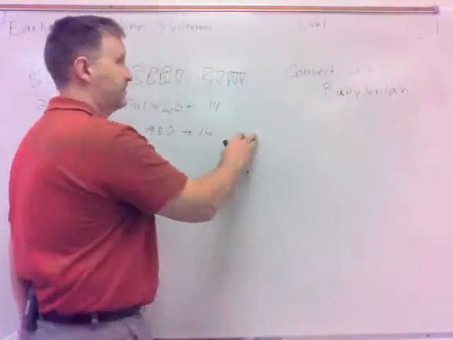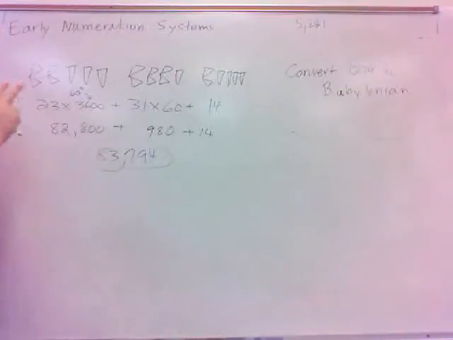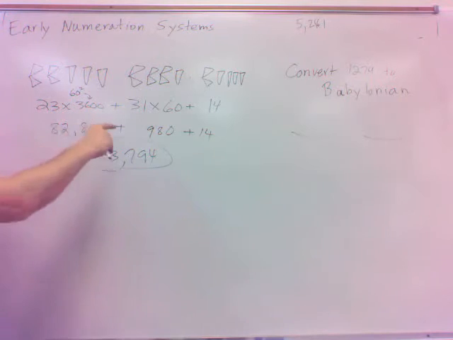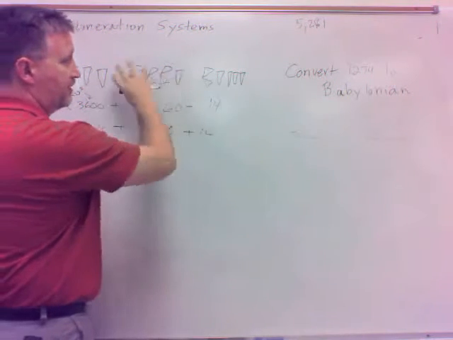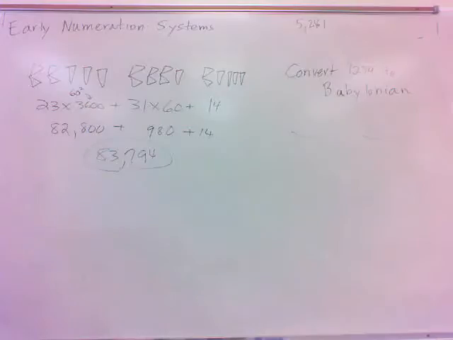Now, why don't I have a third group? Well, the third group would kick in when I have 3,600 or bigger. This was just 1274. So I just have two groups. I'm just going to have a two-part Babylonian number here. The first group is the 60s, what we multiply by 60, right?